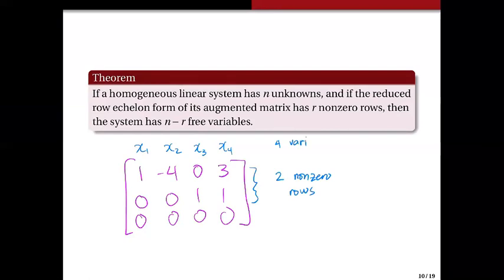You have 4 variables and 2 non-zero rows. This implies that we have 4 minus 2 free variables.